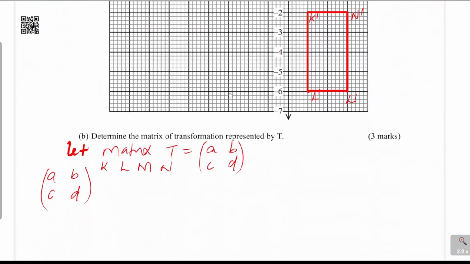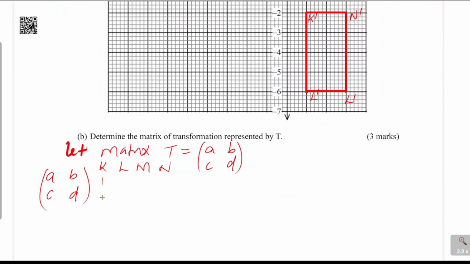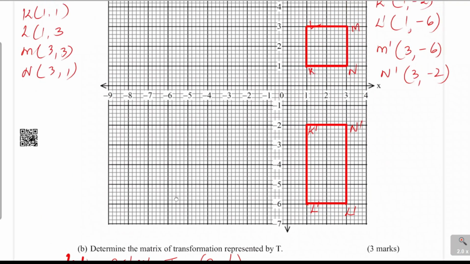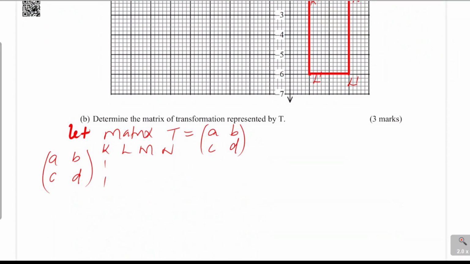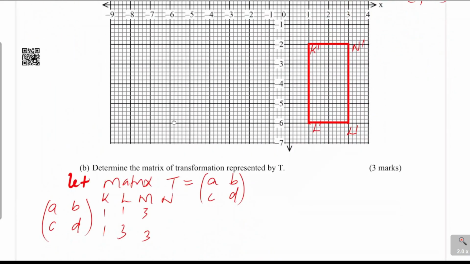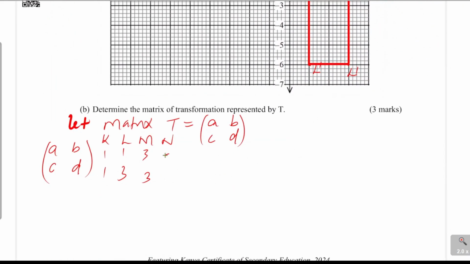K is (1, 1). So 1 1, and then 1 3, 3 3. So this is 1 3, you have 3 3, and then you have N, which is 3 1. This is equal to the image, that is K prime, L prime, M prime, N prime.